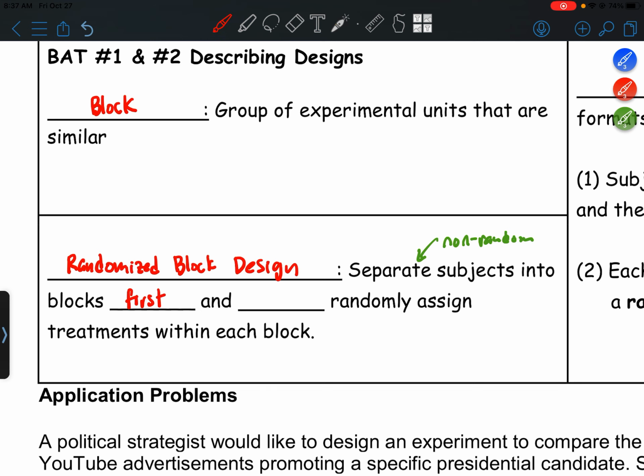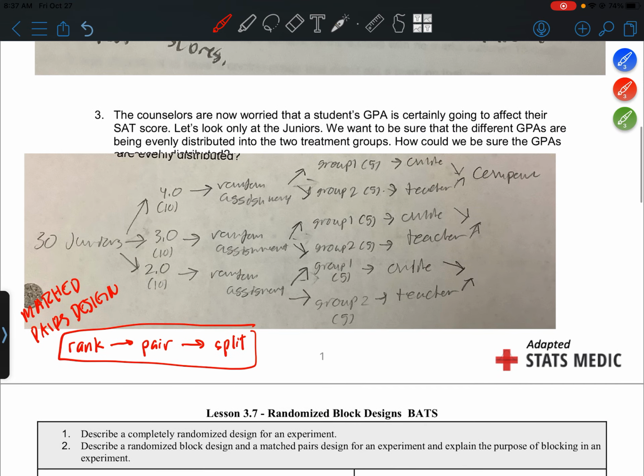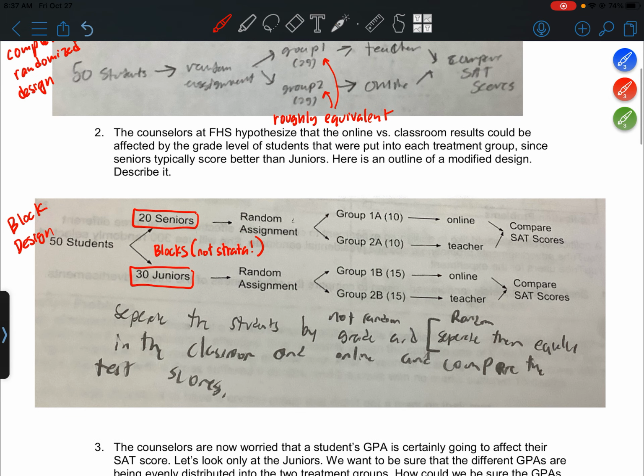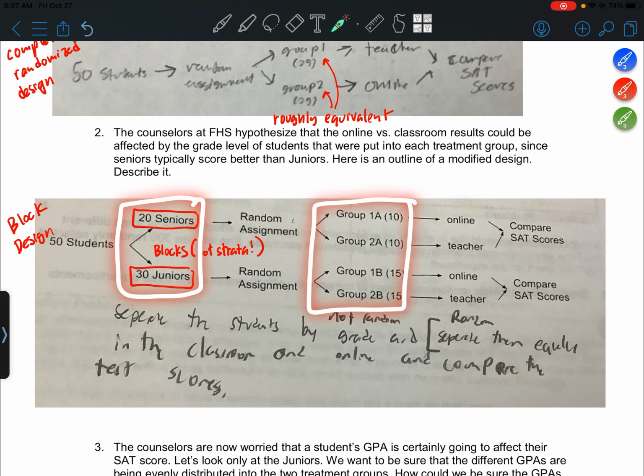And then after we've created those subgroups or blocks, we use random assignment to create the groups that are going to receive the treatments. So there's really 2 phases of grouping going on. In the first phase, going back to question number 2, we're creating groups called blocks, and then in this later phase, we're creating groups that are going to receive the treatments.